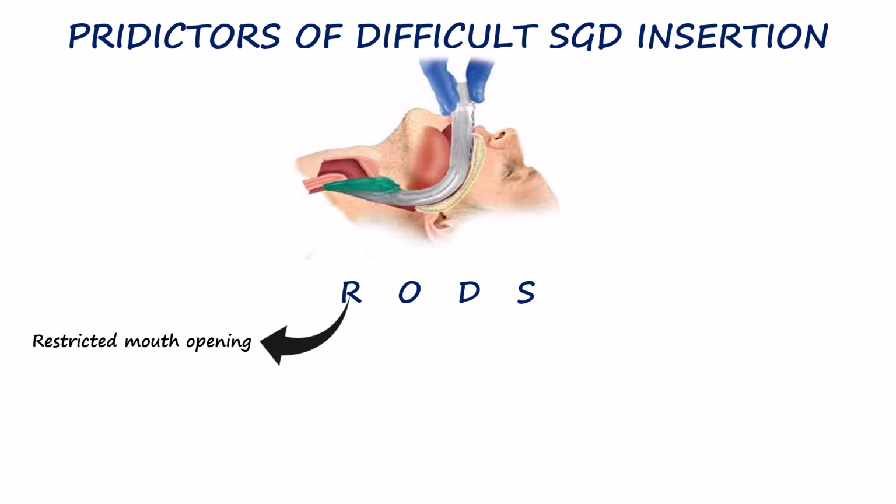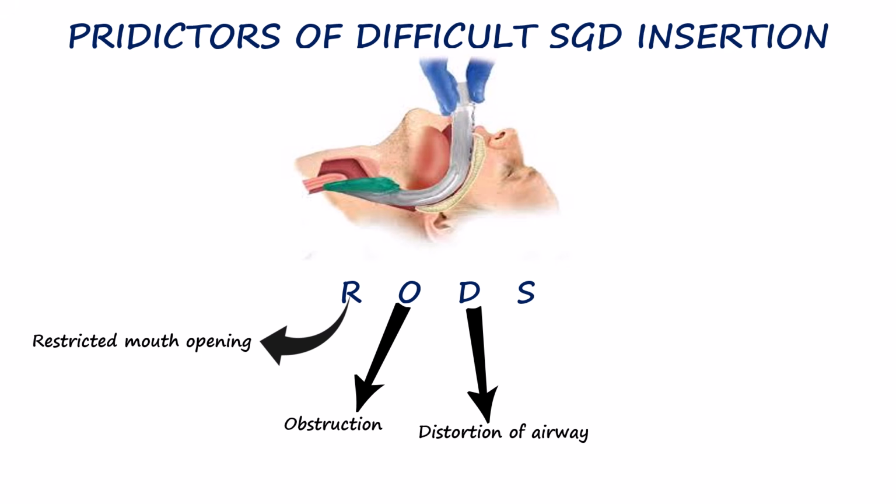O is for obstruction such as tumors, swelling, or foreign bodies that may block the airway. D refers to distorted airway anatomy, including congenital anomalies, trauma, or previous surgery that alters normal structures. S stands for stiff lungs or cervical spine, which may limit neck movement or lung compliance, complicating ventilation.